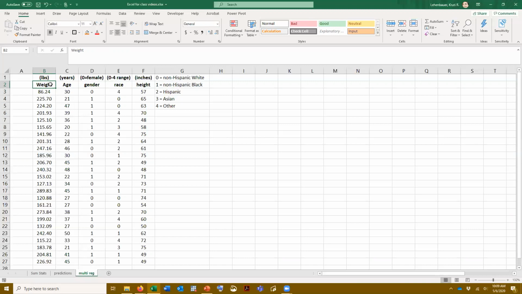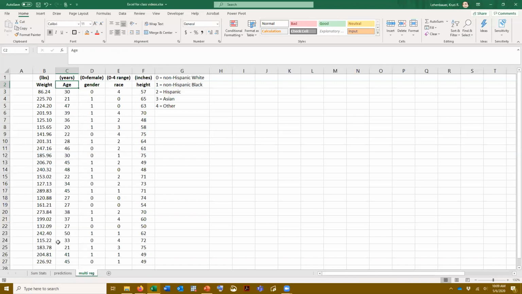I just totally made it up. But for now, we are going to pretend that it actually exists. This is how old they are. So we are basically trying to test the hypothesis that weight, our dependent variable, also known as our variable of interest, is a function of, or depends on, age, gender, race, and height of an individual.